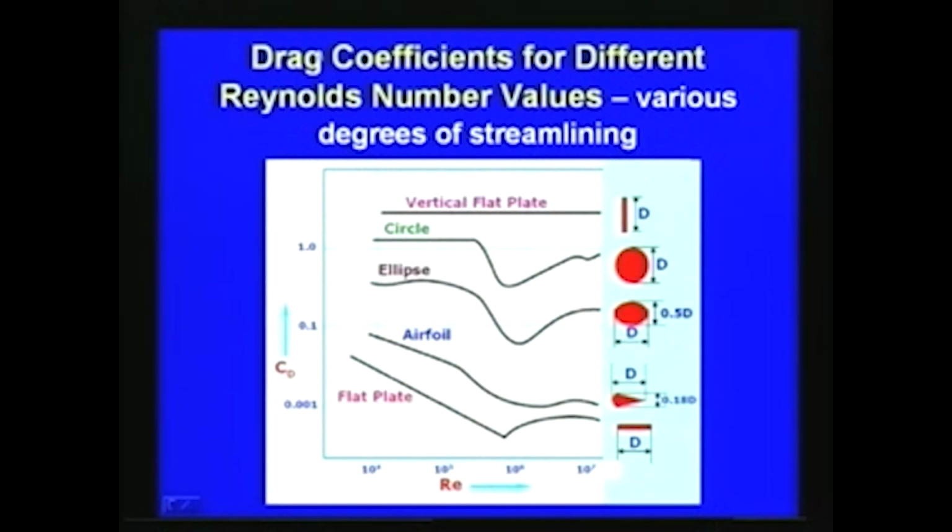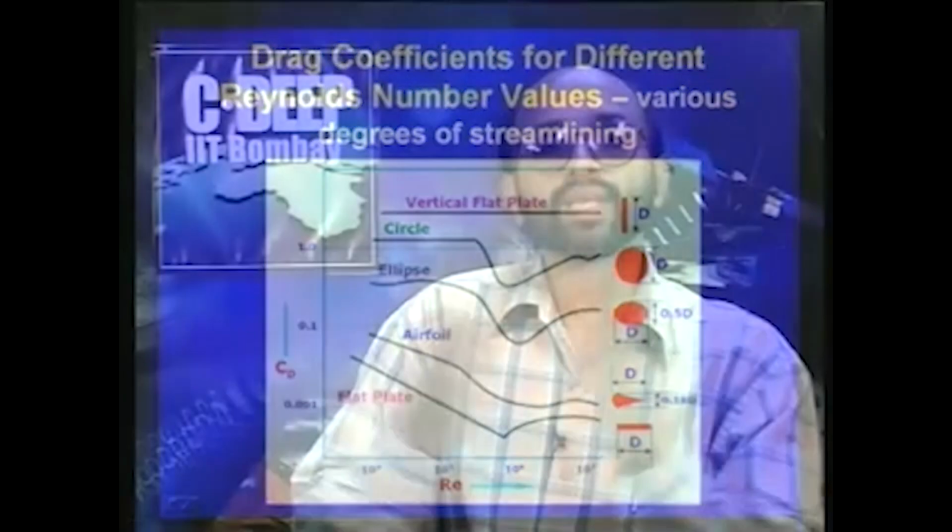In this slide, the drag coefficient for different Reynolds number values is plotted for various shapes. We have already seen that depending upon the shape of the body, the drag force changes, and now if we consider the Reynolds number, the drag force also changes for the same body.